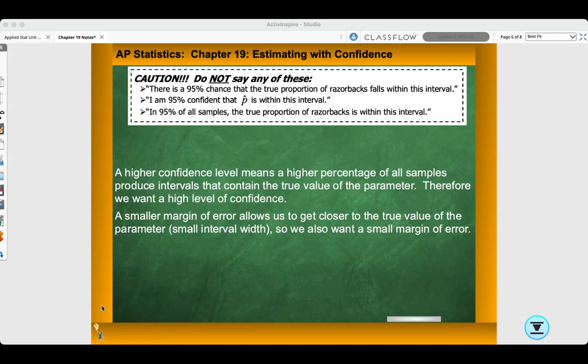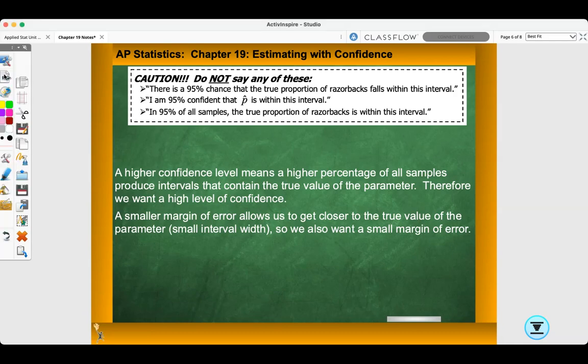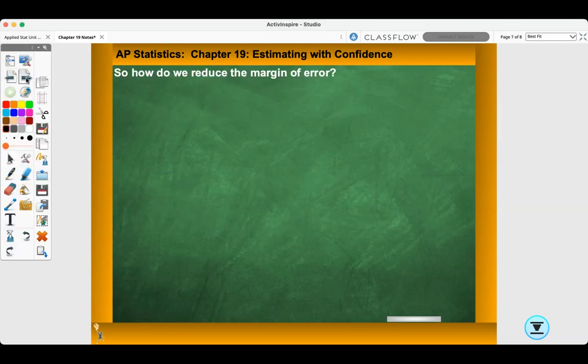A smaller margin of error allows us to get closer to the true value of the parameter, so that would give us a smaller interval width. So we also want a small margin of error. So how do we reduce the margin of error? There are a couple of ways.